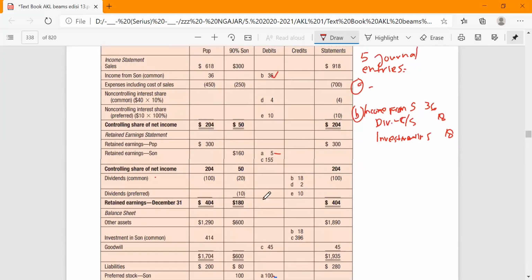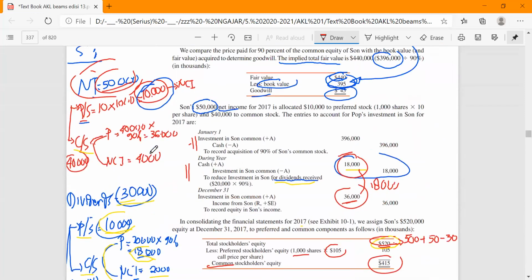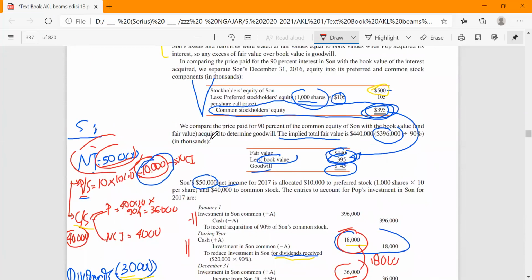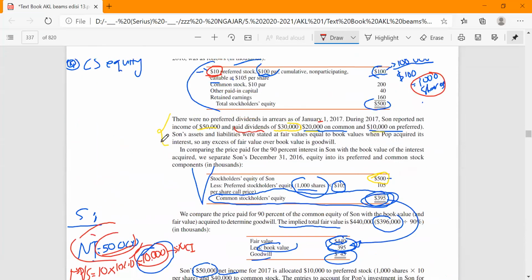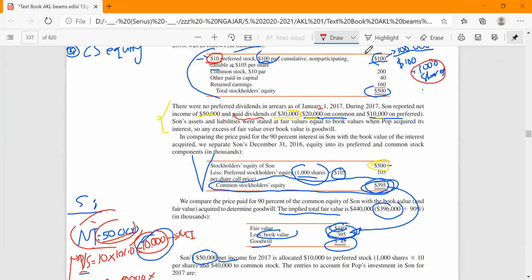And then the consolidated entry for number C is related to the elimination of the beginning stockholders' equity of the time when P acquired S, which is all of this number.